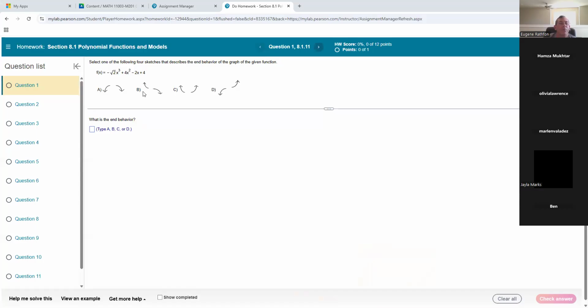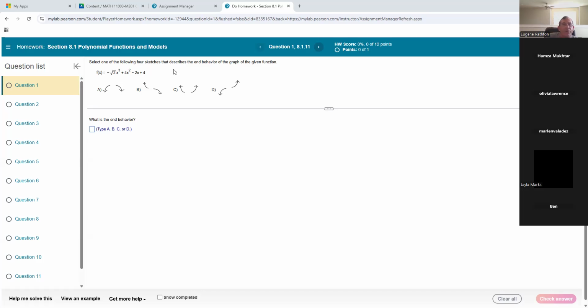All right, y'all, so for this first one, A, B, C, or D, f of x is negative square root of 2 x to the third, plus 4x squared, minus 2x, plus 4. First, we want to know if the degree is even or odd. Then we want to know if the lead coefficient is positive or negative.